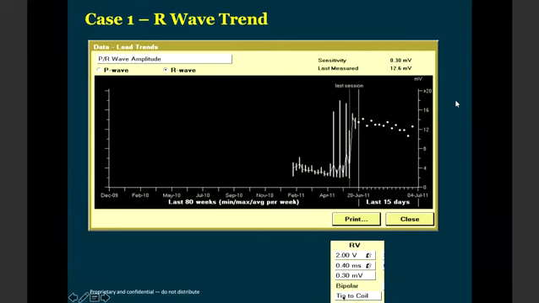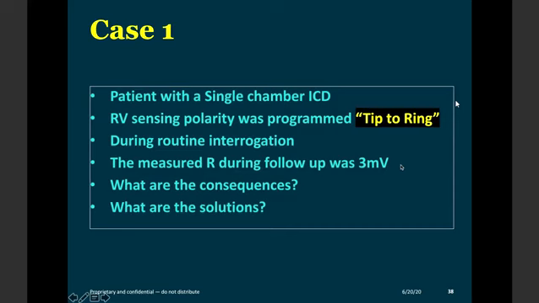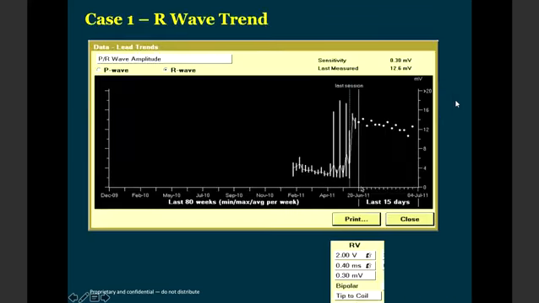So from tip to ring, as I told you, it was tip to ring. The sensing voltage was low in the tip to ring, and the minute you made the sensing configuration tip to coil, you see that the R wave has improved to 12. So you are now using the sensing polarity to our advantage to prevent under-sensing of a ventricular arrhythmia. The consequence of having a 3 millivolt ventricular sensing is that during sinus rhythm it may be 3 millivolt, but when the patient develops a ventricular fibrillation, it can be very, very small, and the tachycardia may not be detectable by the device.